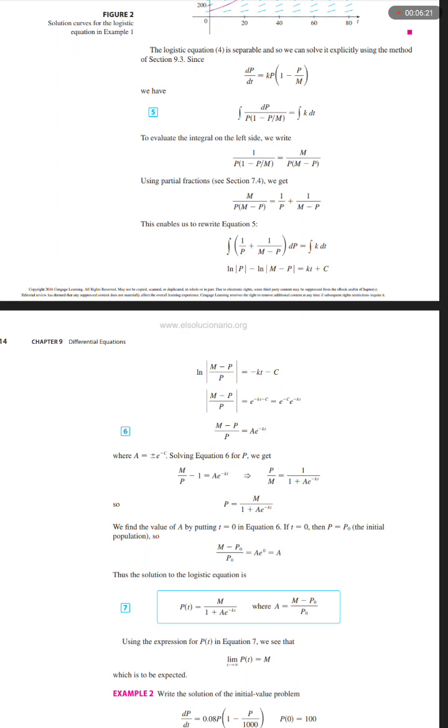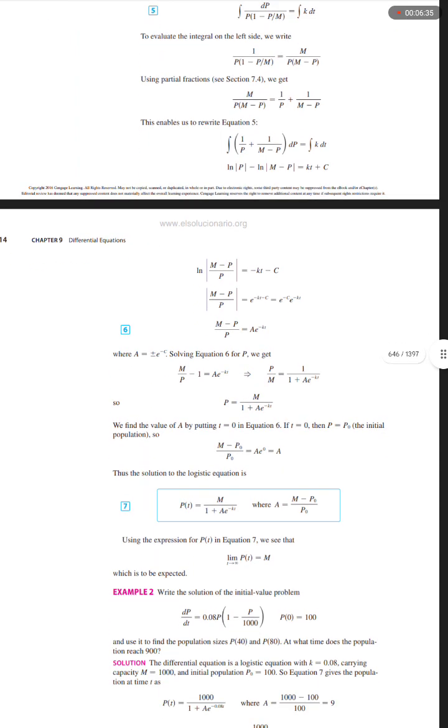We find the value of A by putting t equals 0 in Equation 6. If t equals 0, then P equals P sub naught, the initial population.